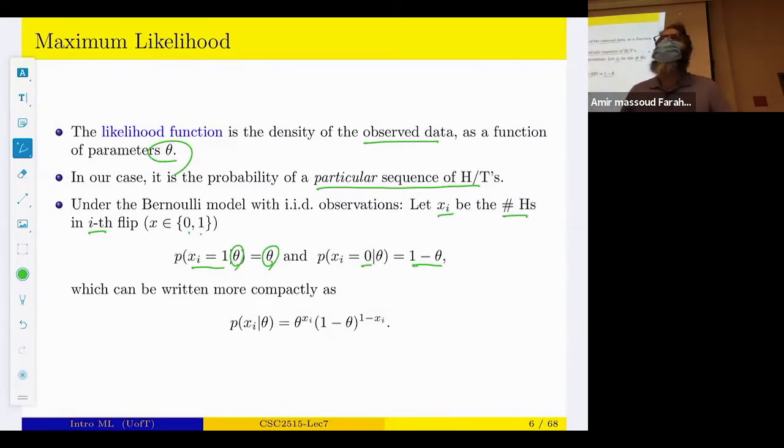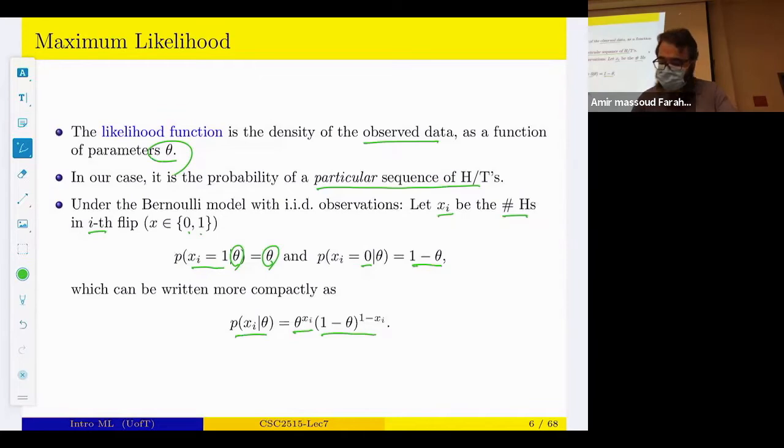If it was a dice, then we would have 6 different cases, and you would need more than 1 parameter to describe it. So this can be compactly written as the probability of x_i conditioned on theta as theta to the power of x_i, times 1 minus theta to the power of 1 minus x_i.